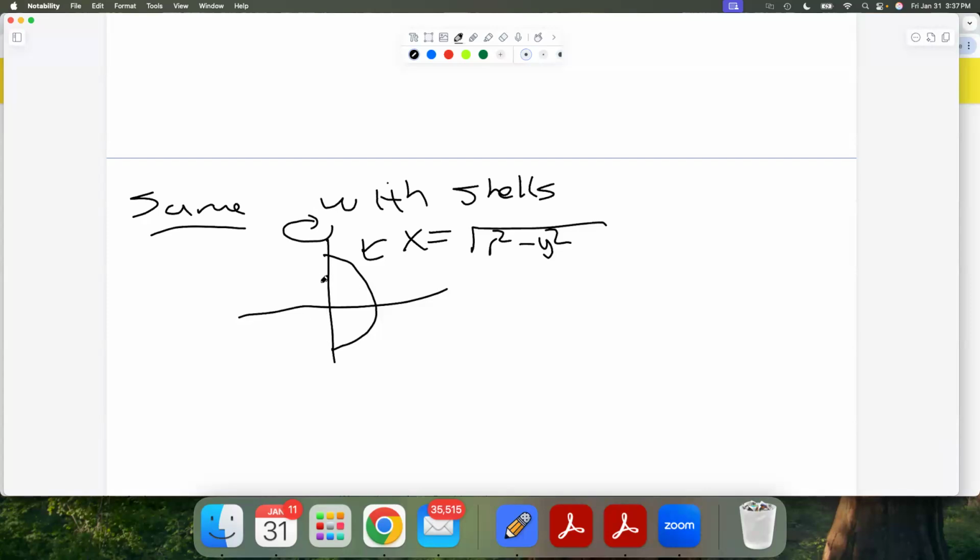But then I thought, working with this, do we really need to go from top to bottom? What if I just did this? Take this quarter circle and rotate it around, either the x-axis or the y-axis. That's going to give me half of a sphere, something that looks like this, right?